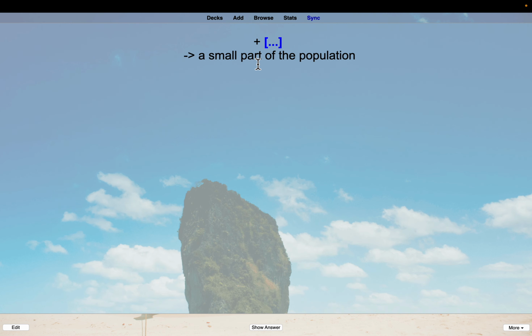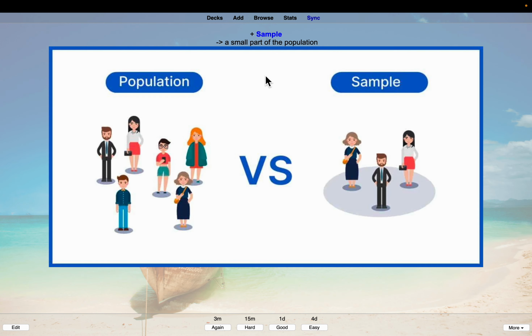Okay? Blank is a small part of the population. Always remember this is the sample. So yeah, a small part of the population, usually they have a common characteristic. So for example, out of a population of all students in, let's say, MIT, we are just looking to examine a part of the entire population in MIT.